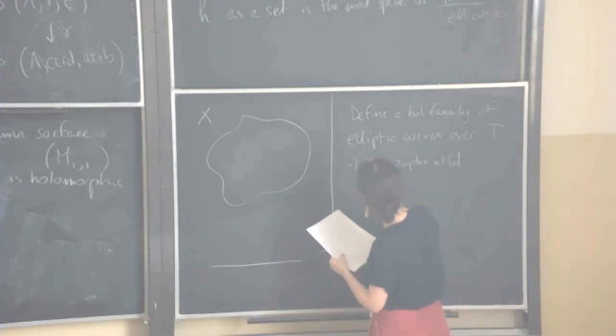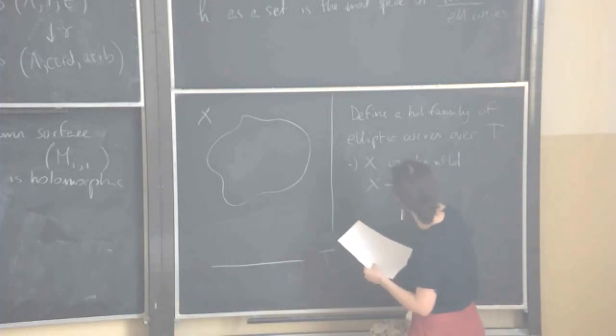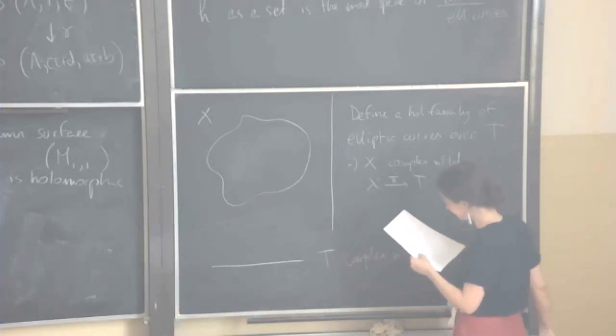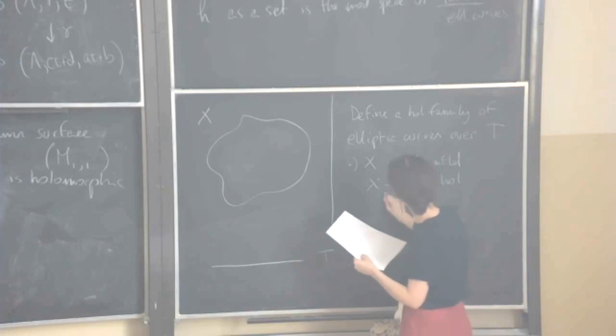Then we have a map, which has to be holomorphic. And then we also want to have a section.